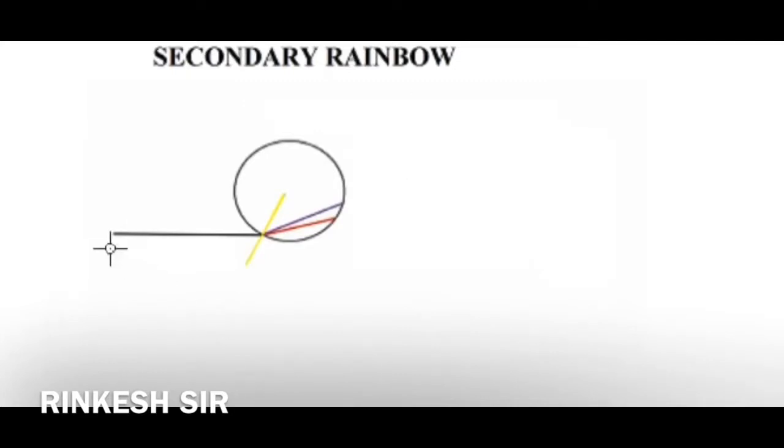Here you can see that when the ray of light is incident on the outer surface of the water droplet, it undergoes refraction. Then it is incident on the internal surface of the water.